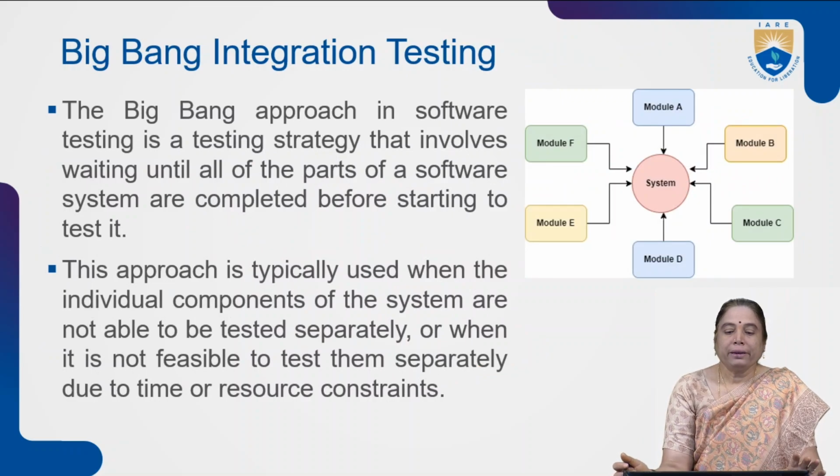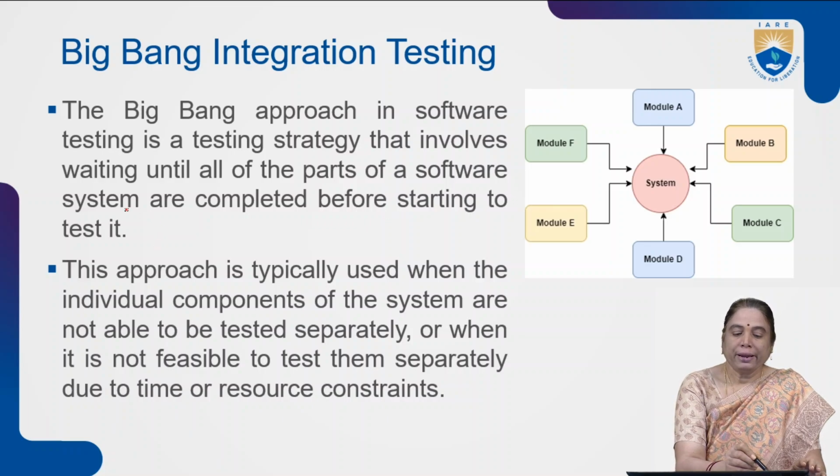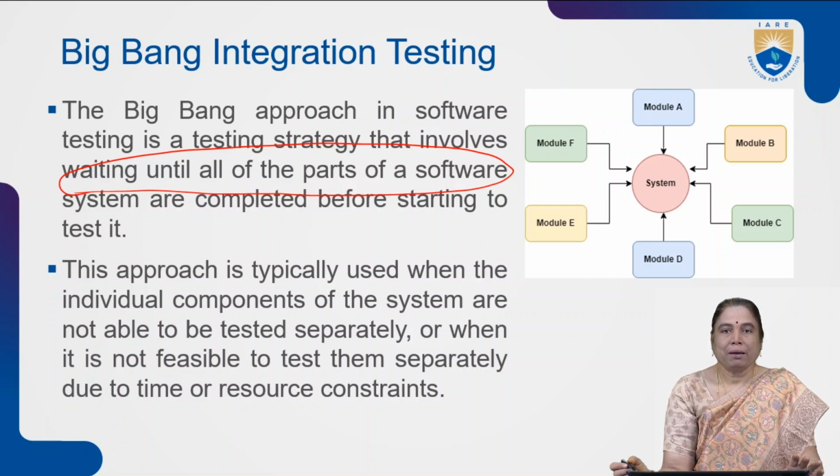Big Bang integration testing is a software testing strategy that involves waiting until all parts of the software system are completed before starting to test it. So all modules must be developed, tested, verified and integrated. Only then can Big Bang integration testing be performed.